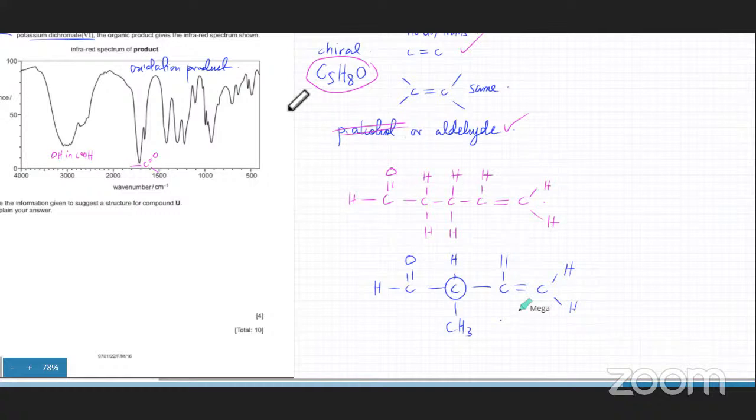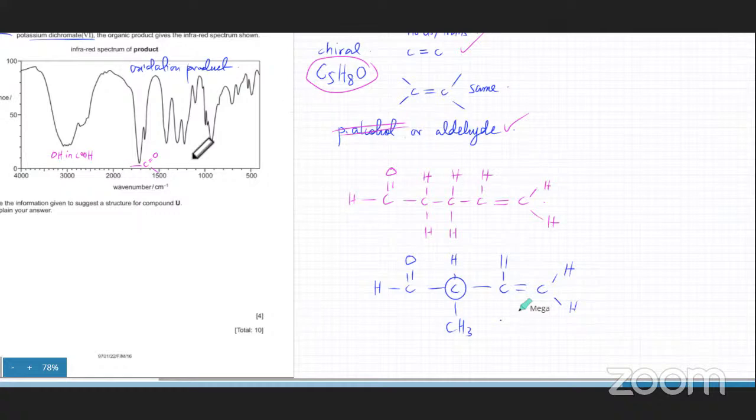No, listen. The general formula is not going to work. The reason it's not going to work is because it's also an alkene. The general formula CnH2n+1OH only works for simple alcohols and alcohols only. Because it was an alkene also, the general formula is not going to work.